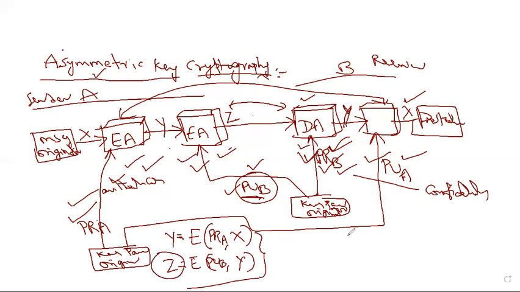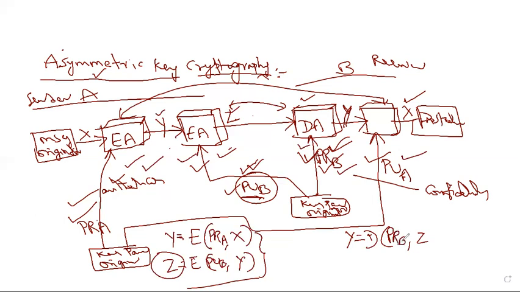But at the receiver side, initially Y is generated, because the last message is Z. This Z is extracted from Y, but in reverse, he must generate Y from Z. So Y is generated by the receiver. He must use the decryption algorithm, and the input is Z. Which key? Because the last operation the sender used is the public key of the receiver, he must use his own private key.